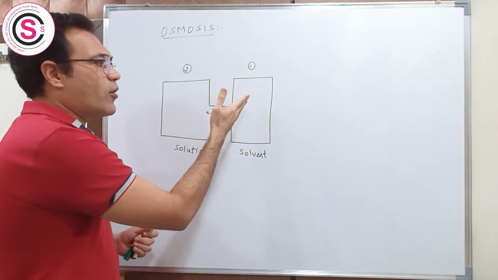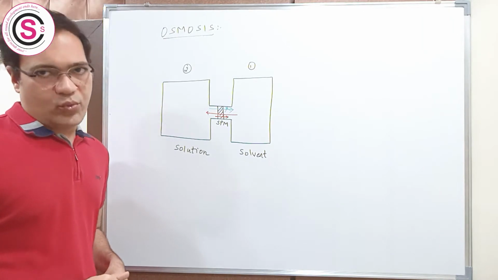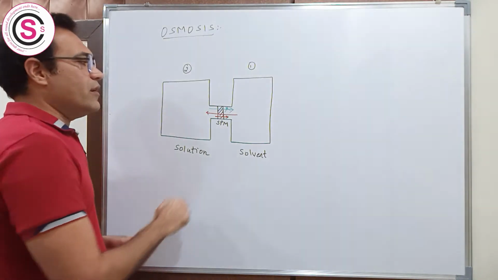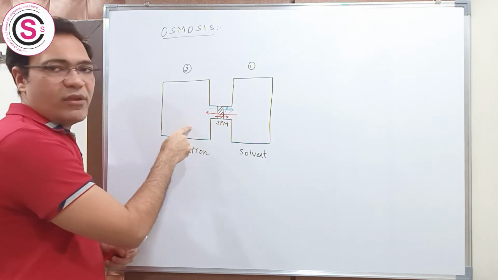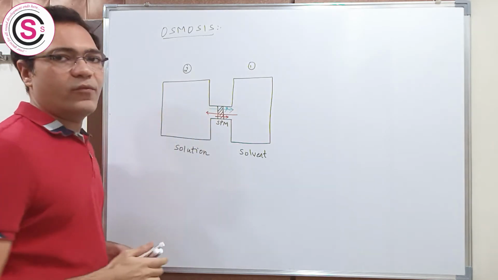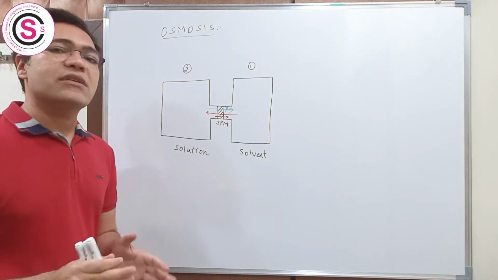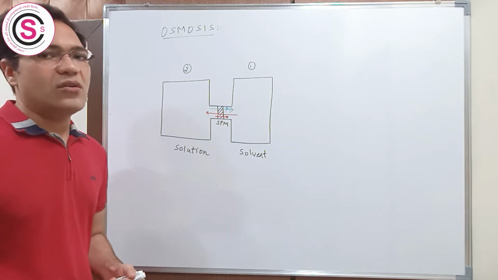So the movement of solvent molecules from 1 to 2 will be more than from 2 to 1. This process is called osmosis.